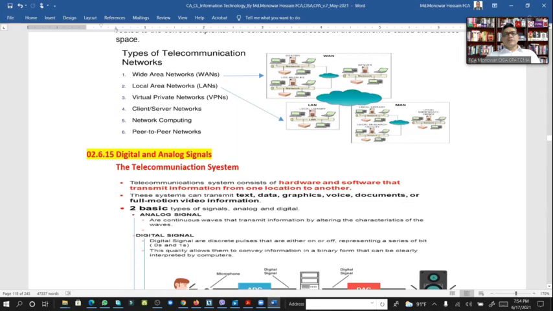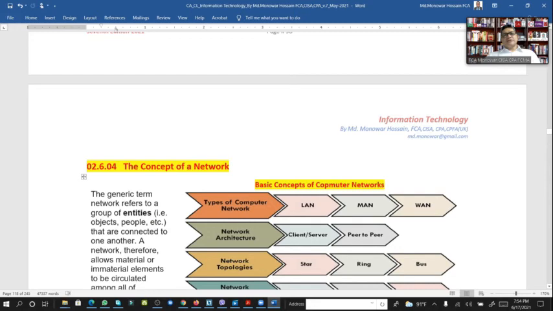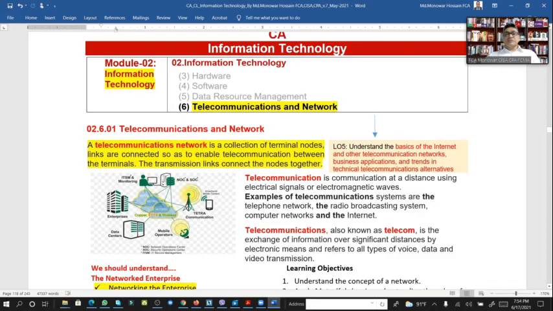In this chapter, the basic topic is telecommunication networks. A telecommunication network is a connection of terminal nodes, with links connected so as to enable telecommunication between the terminals.